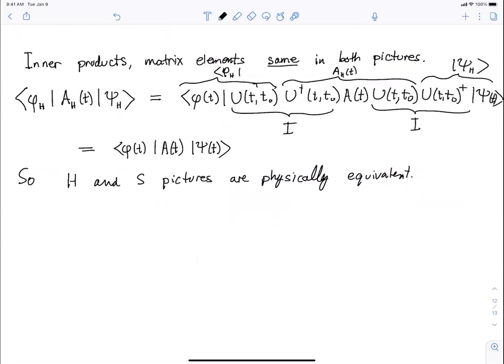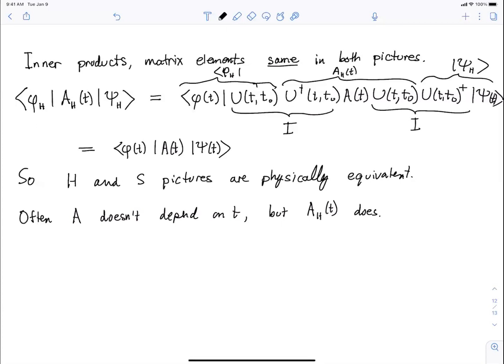So one thing we can ask is, I've written the operators as if they depend on time, but sometimes they do and sometimes they don't. Often you'll have an operator A in the Schrodinger picture, which doesn't depend on time, but when you work out the Heisenberg picture version of it, it does depend on time.